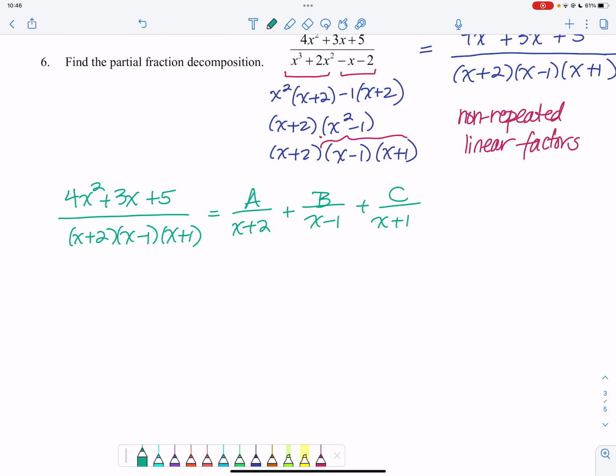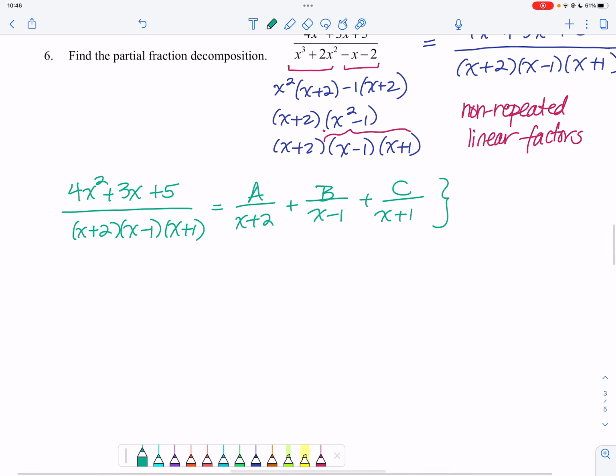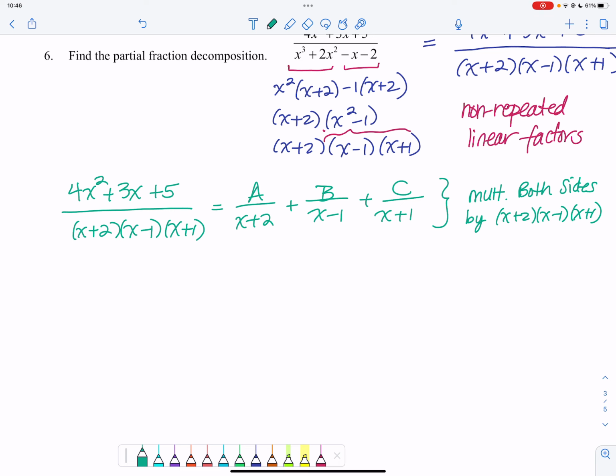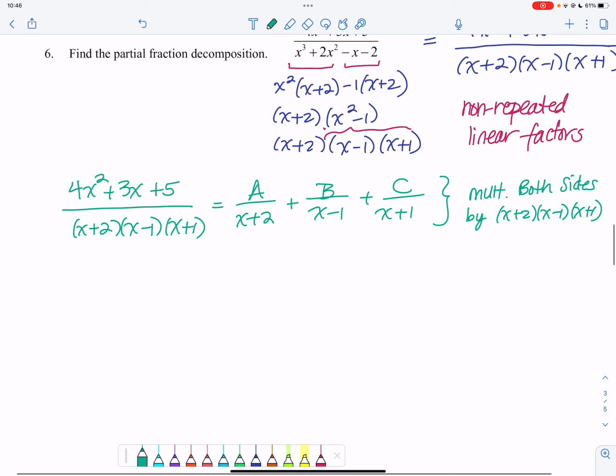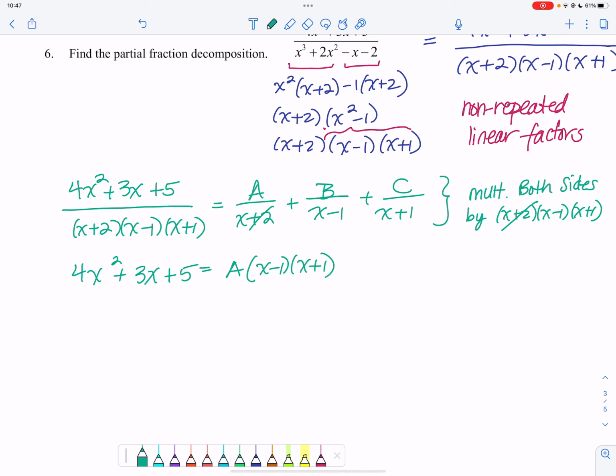Okay, we are going to multiply both sides by x plus 2, x minus 1, multiplied by x plus 1. And when we do that, we will come up with 4x squared plus 3x plus 5 is equal to A. Now that x plus 2 cancels, and you just have an A times x minus 1 times x plus 1.